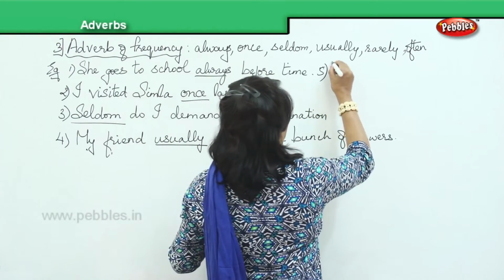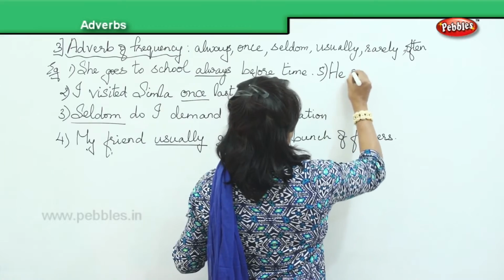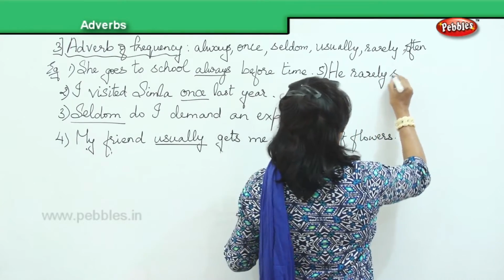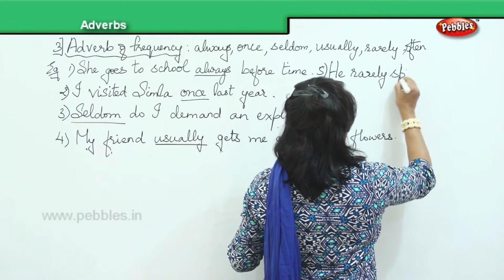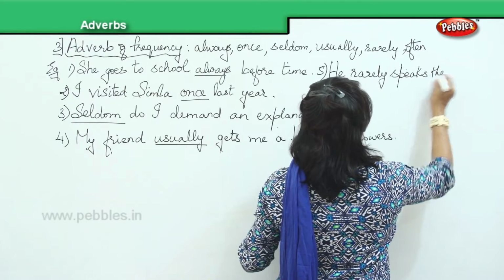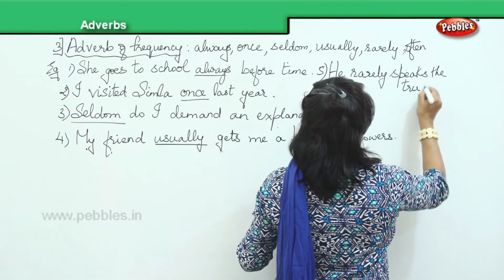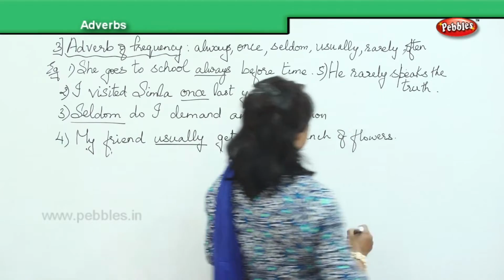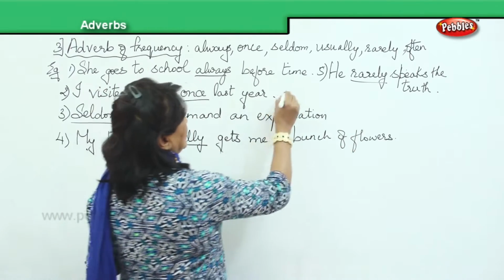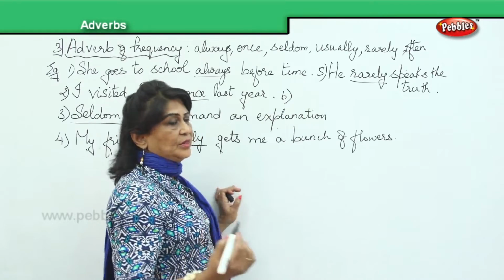Okay, now I'm going to do the fifth sentence here. Rarely. He rarely speaks the truth. Rarely. And the sixth one is often.